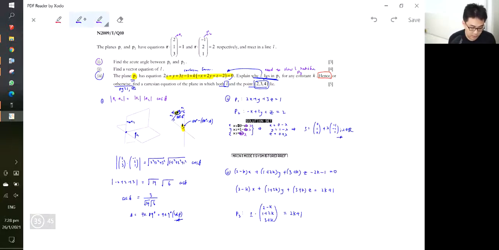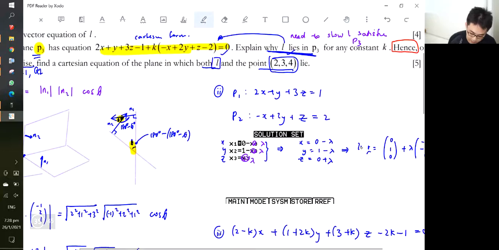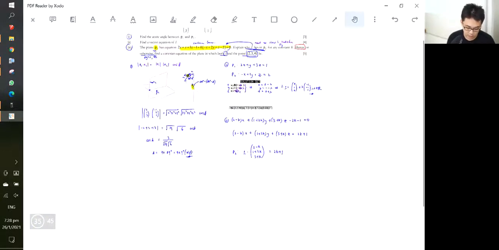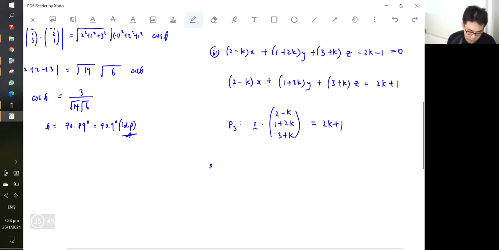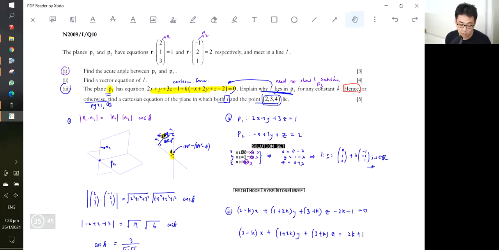So I'm going to sub line L into the left-hand side of P3. You want to show that it always satisfies plane 3. If it always satisfies plane 3, regardless of the value k, line L is always on P3.